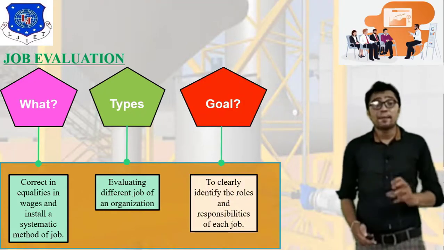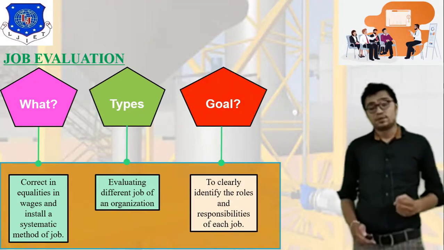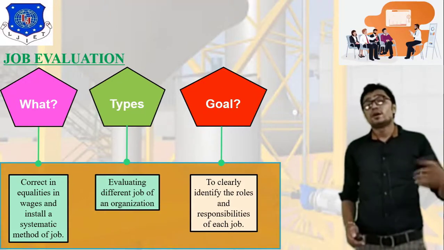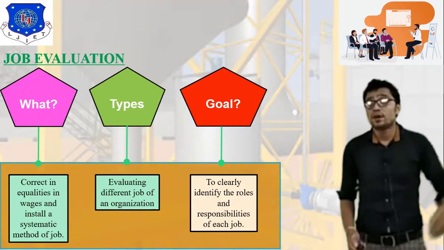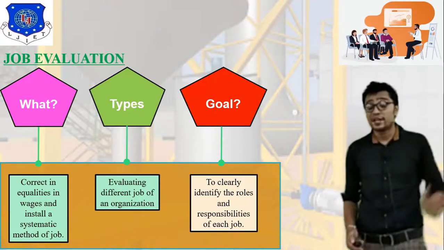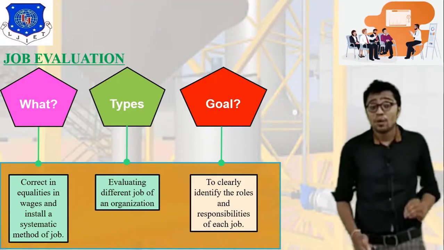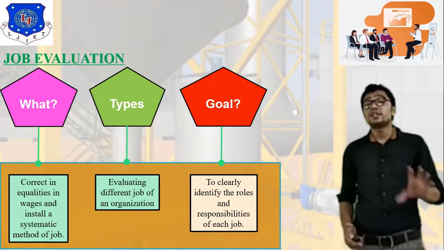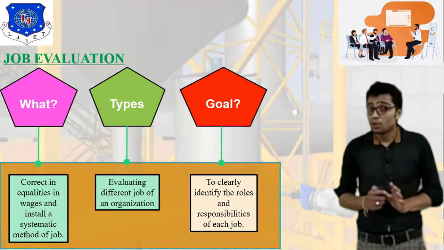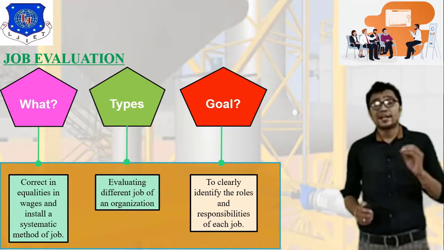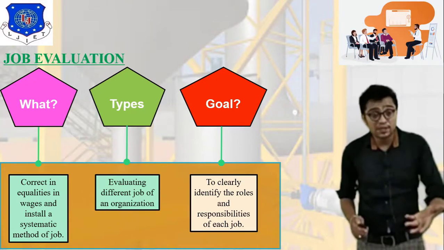The third important concept is the goal. It is clear that you have to recruit a worker, a production engineer, or a design engineer. So what is the goal? To clearly identify the roles and responsibility of each job. Job evaluation is one type of recruitment process.